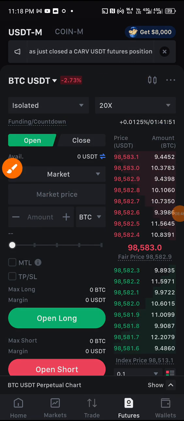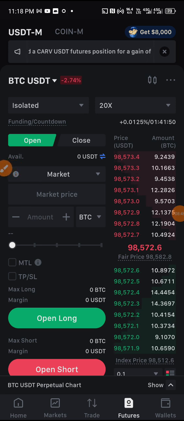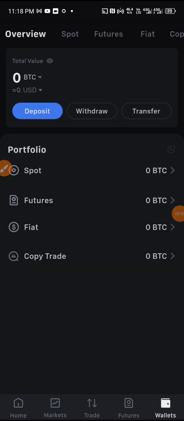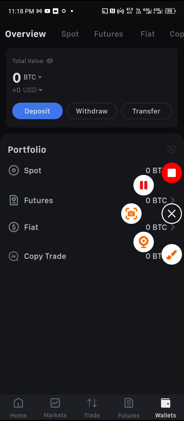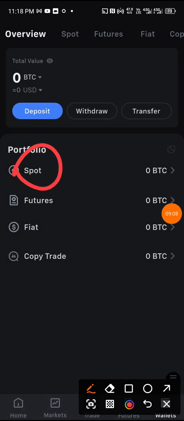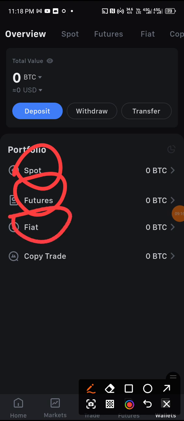All right, so let's go to the next, which is the assets. In the assets, as the name implies, this is where you see your total income, your total volume of assets, and so much more. In the assets here, there is spot trading, there's futures trading, there's fiat, which is your local currency, there's also copy trading.